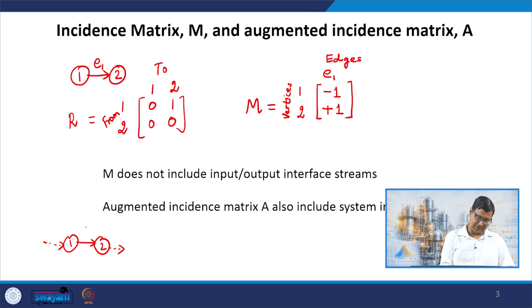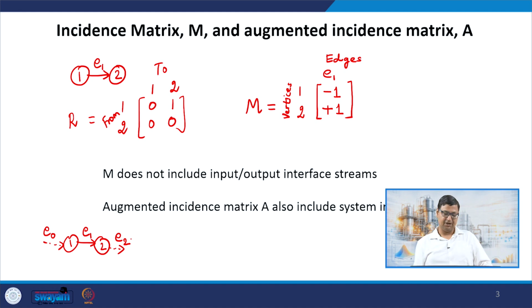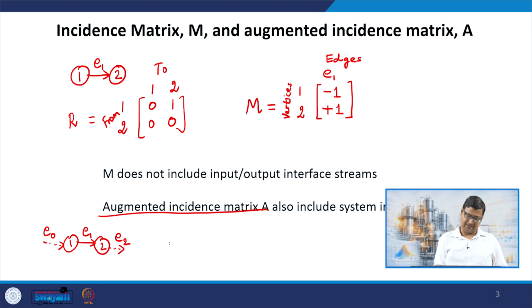Keep the E1 edge as we originally had, but let me define one more edge, E0 here and E2 here. If I want to include those interface edges in our matrix, I will define my augmented incidence matrix that will look like this.